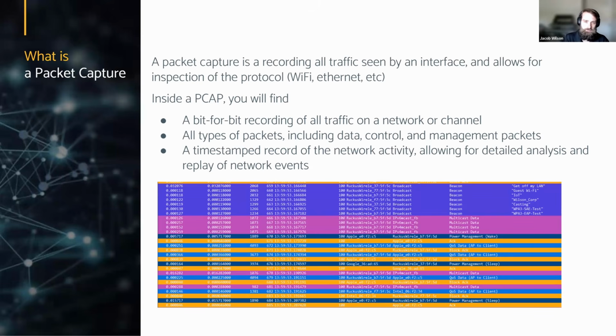You can take packet captures with all sorts of different communication technologies. But in general, in a PCAP, what you're seeing is a bit for bit recording. So what that means is you get the packets, the ones and zeros effectively, all captured. And the software you'll use will generally be able to decode that and give you some displays of what you're actually looking at. But it's all the packets. That's the main key.